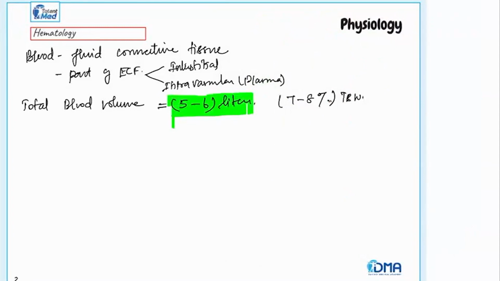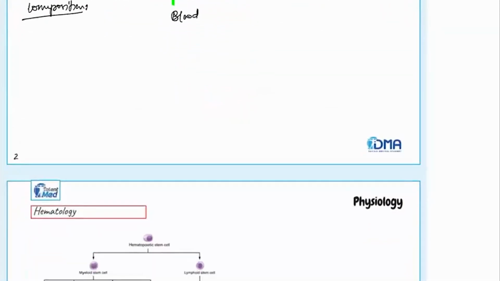So now moving on to the composition of the blood. Everything we will be seeing: solids, liquids, plasma, everything. When dealing with the composition of the blood, it includes plasma and the cellular elements.